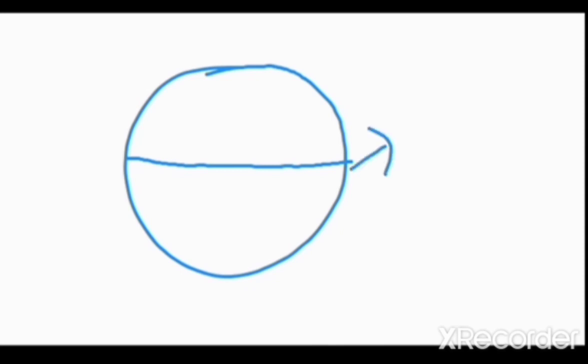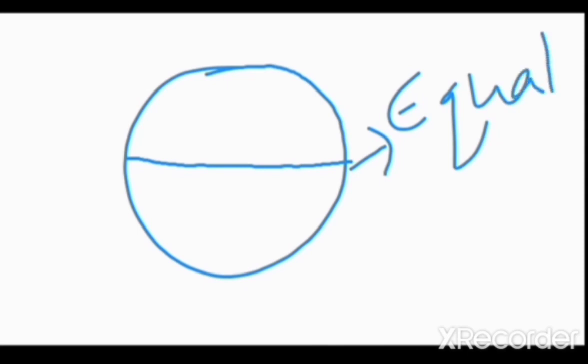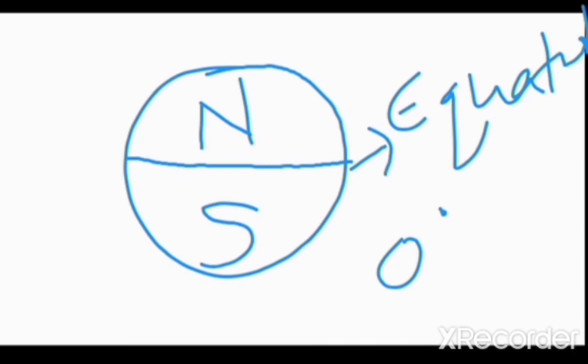This is equator and the value of equator is 0 degree. All the areas above this line, that is the equator, fall in northern hemisphere and all the areas which fall below this equator are called southern hemisphere.